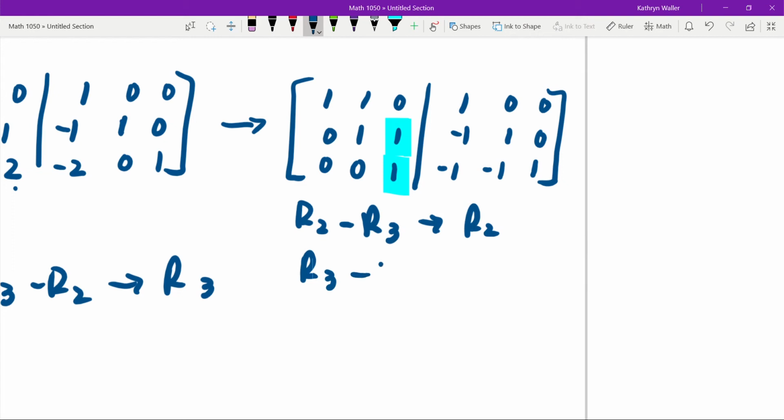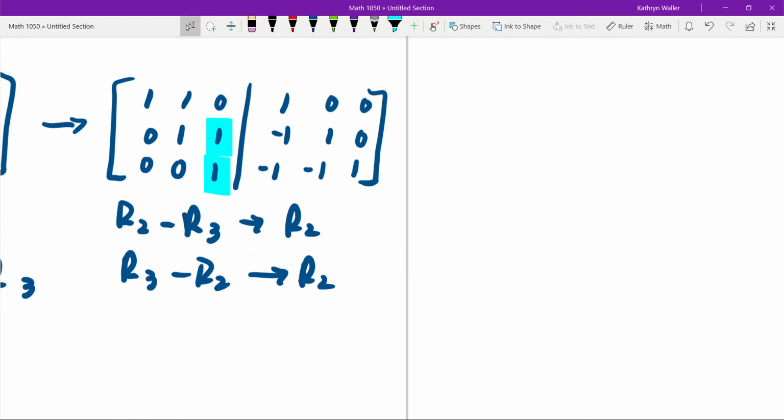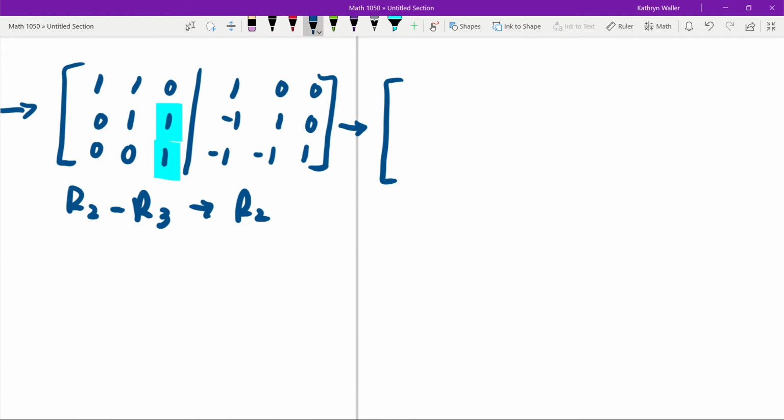Row 3 minus row 2 becomes my new row 2. It matters. It is 2 minus 3. Because if I do 3 minus 2, you get a negative. Can I recover from a negative? Yes, I can. But why do more work? So if you just think a little bit, you can get the right sign. You can sometimes get a 2 for 1.